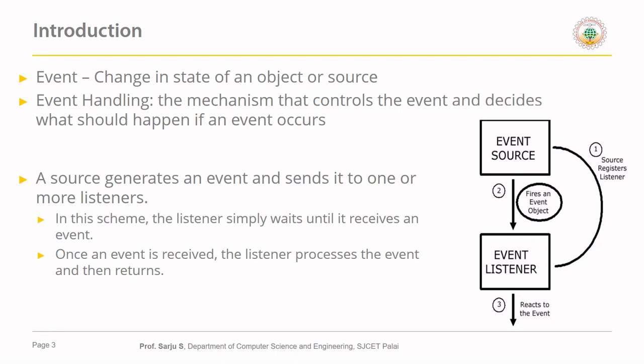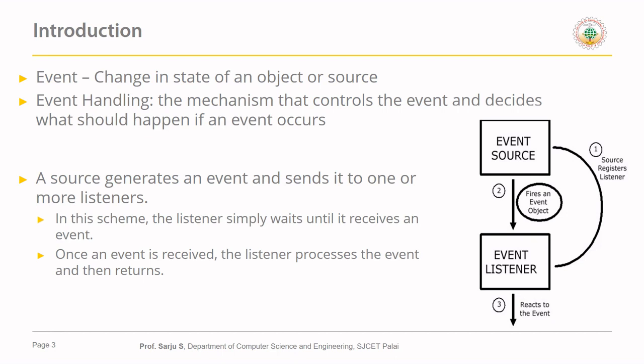All event listeners should first register with the event source. Then when an event happens, the event source notifies the corresponding registered event listeners. The event listener receives the event object and determines what to do with that event. In the previous example, when the event listener receives the button click event, it determines that it has to select a random feature from the string list and display it in a text box.